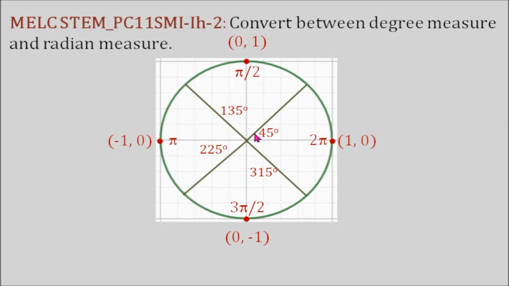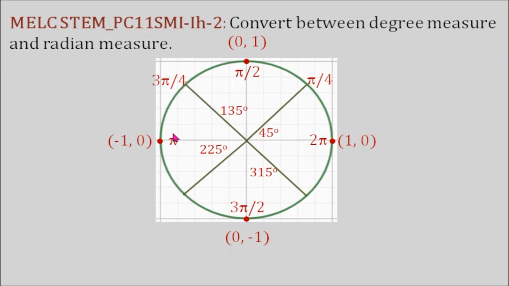How about 45 degrees? What will be the equivalent radian measure? So if we divide pi over 2 by 2, it's pi over 4. Pi over 4 plus pi over 4 is pi over 2. Pi over 2 plus pi over 4 is 3 pi over 4. 3 pi over 4 plus pi over 4, that's 4 pi over 4 or pi.